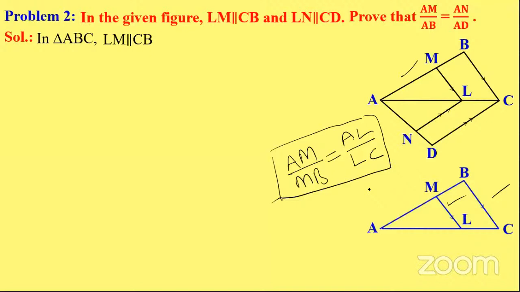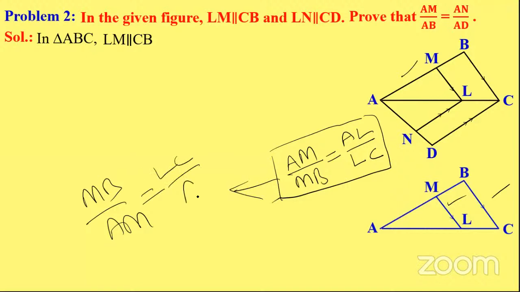So now I'm going to write it: it is nothing but MB by AM, LC by AL. Both sides reverse. No loss, both sides reverse.